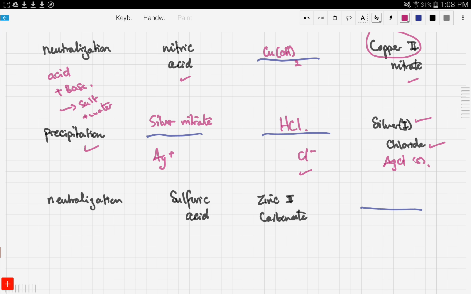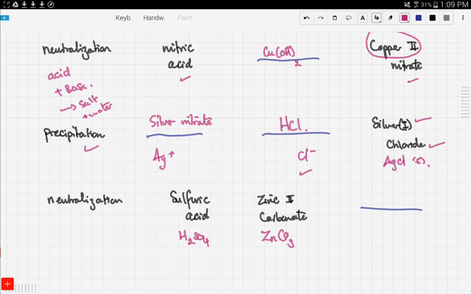Now let's move on to the last one, which involves a neutralization reaction between sulfuric acid, which is H2SO4, and zinc carbonate, which is ZnCO3.